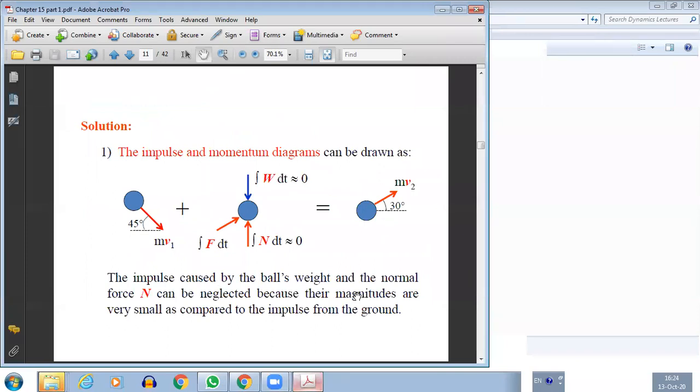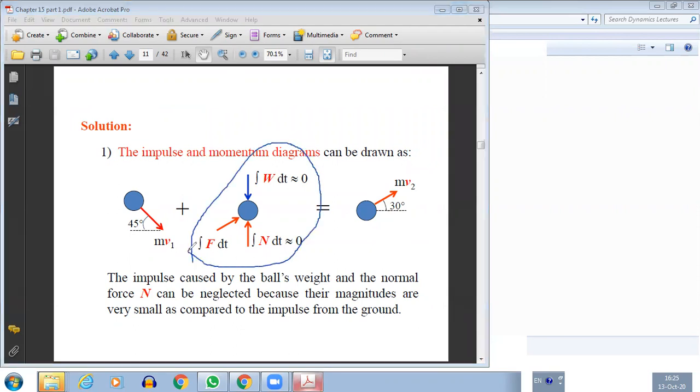The first thing is that we need to draw the free body diagram. For the free body diagram in chapter number 15, it's basically a big free body diagram, because you have to mention everything. The first thing is that the ball was moving at a 45-degree angle, and that was the momentum mv1. Then plus this thing happened.